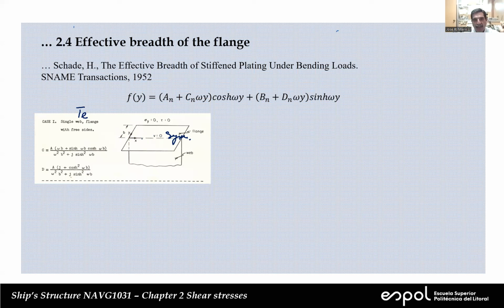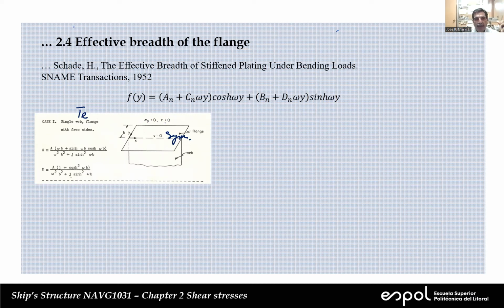So v is 0 along this axis. Now this is a free edge. So in this direction, that's sigma y, since it is free, you can say that it is equal to 0. And also, since it is open, this tau is also 0.